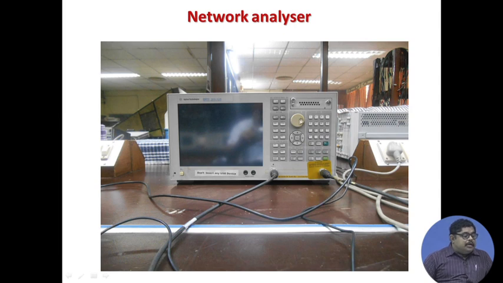Now, there is a numeric keypad here, then there is one knob which can change values in an analog way, and there are various buttons. By pressing buttons you can do this. So, this is a network analyzer, and with these ports you can connect your devices.